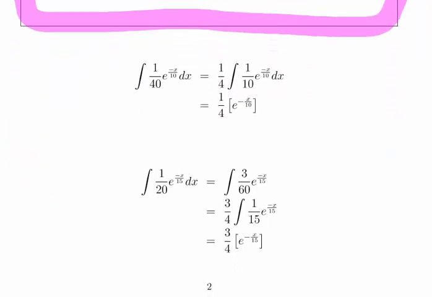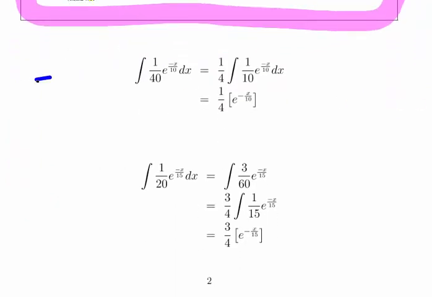Now, the expected value of t. Well, actually, I've noted it as x. The t was just on the formula sheet, so here I call it x, and I'll continue with that. So what we're going to do here is we have 1 over 40. I'm going to integrate it shortly, but bear with me for a second. I'm just going to separate out 1 over 40 into 1 over 4 times 1 over 10. So you see what I'm doing here?